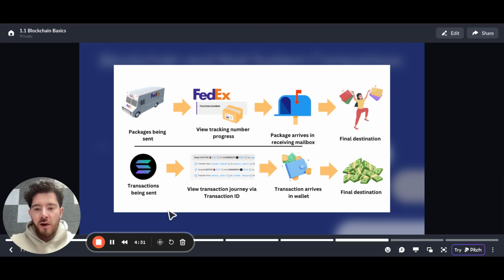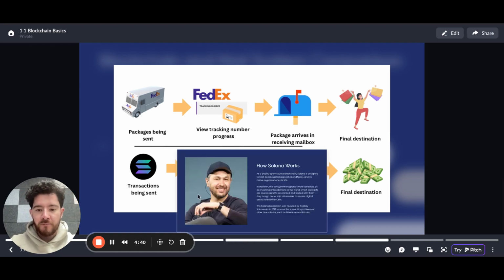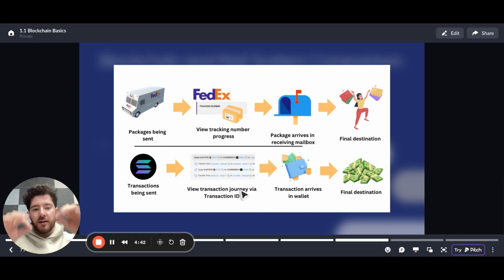In the same way, when a transaction is being sent on the blockchain, you can search up a wallet address, which would be like a person's tracking number, and then you can see the entire history of that wallet and every transaction they've ever done. Just like you can track a package, you can also track a wallet, and you can see everything they've done historically.